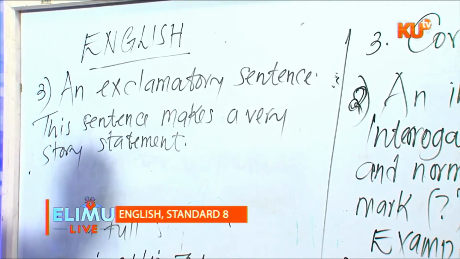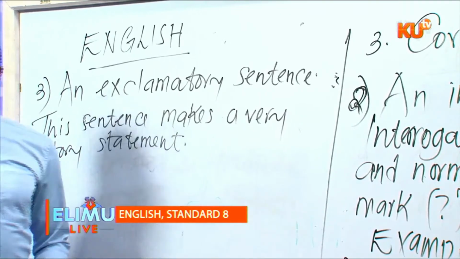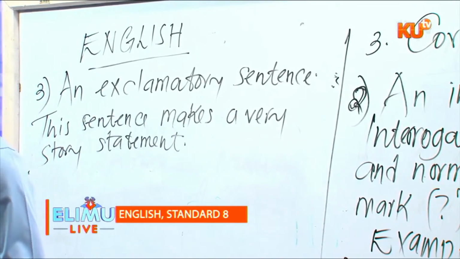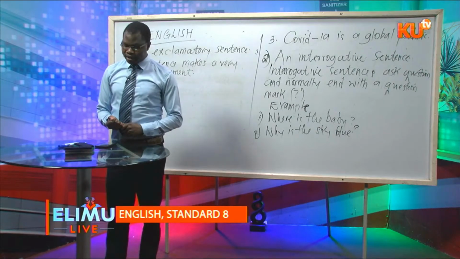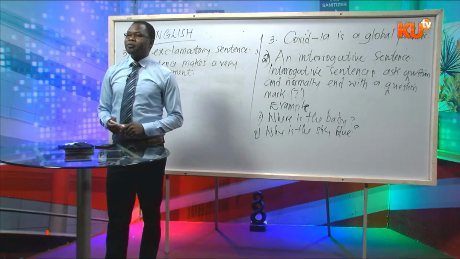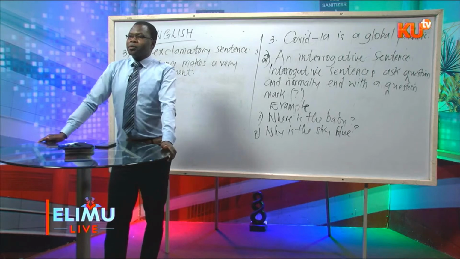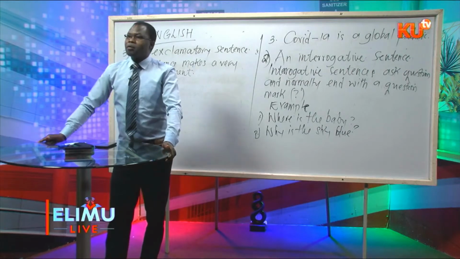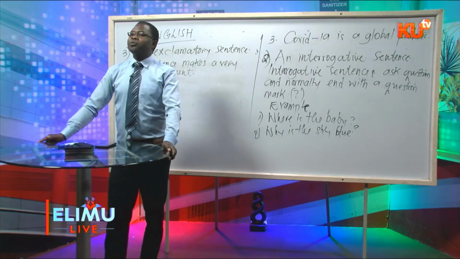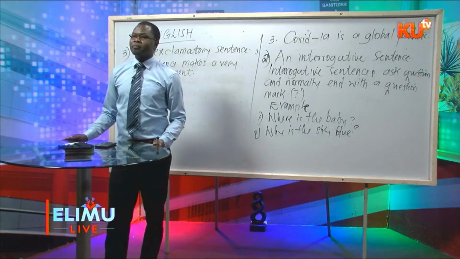An exclamatory sentence. Now, unlike the first one, where we talked about a declarative, where a statement is made and it ends with a full stop, and then we looked at number 2, an interrogative sentence where it aims to seek answers, to ask and inquire.